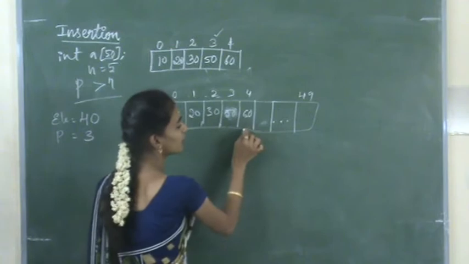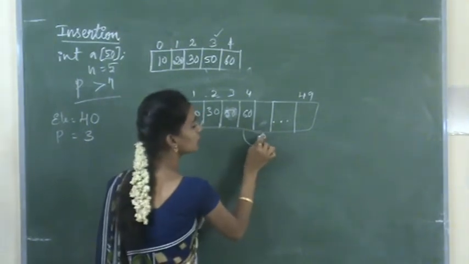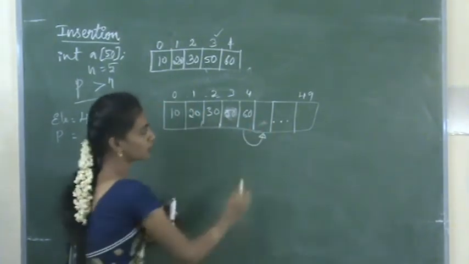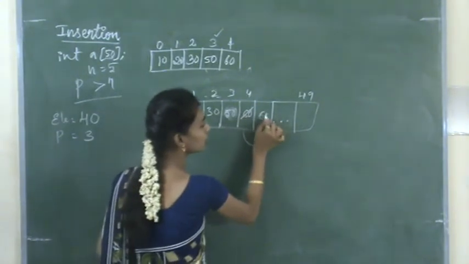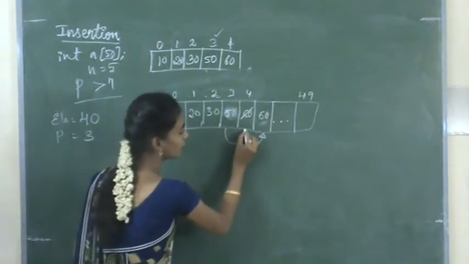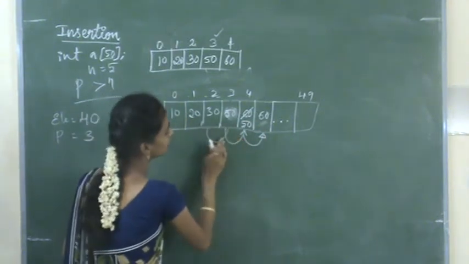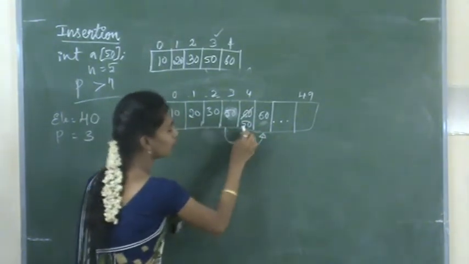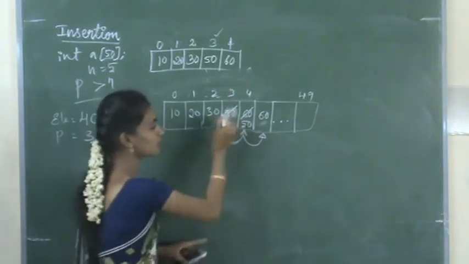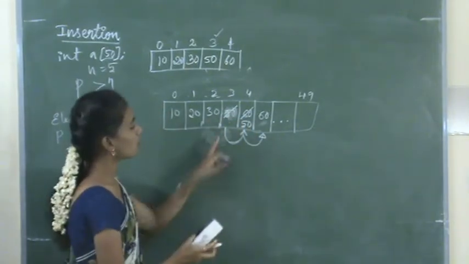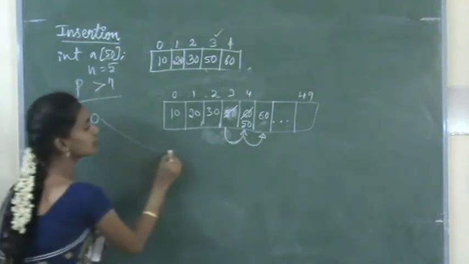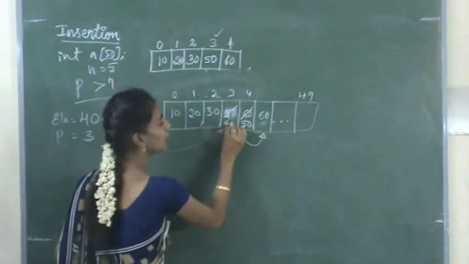I will shift this 60 to the next position. Now this 60 will go here. Then this 50 will be shifted here. Now this becomes empty space, right? So now I will insert this new element here.